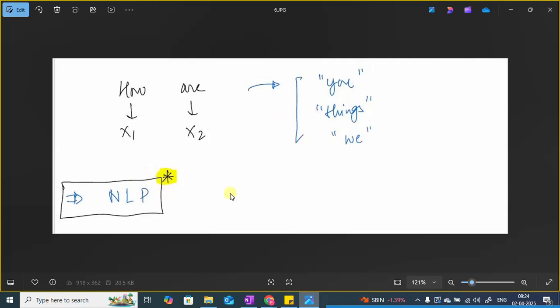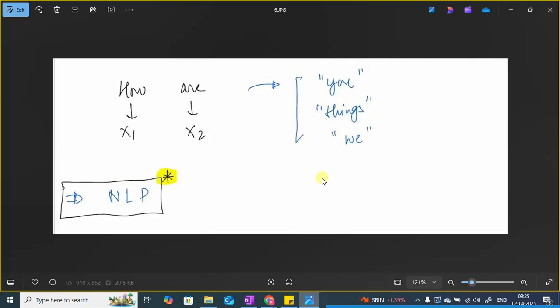That is happening through NLP only. That's how auto suggestion or auto completion happens in Google search, WhatsApp messages, or anywhere else you see it.